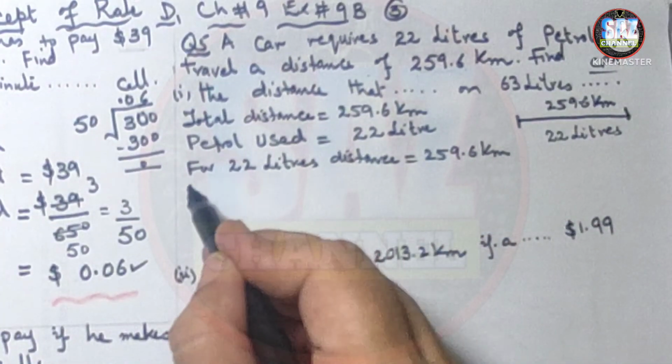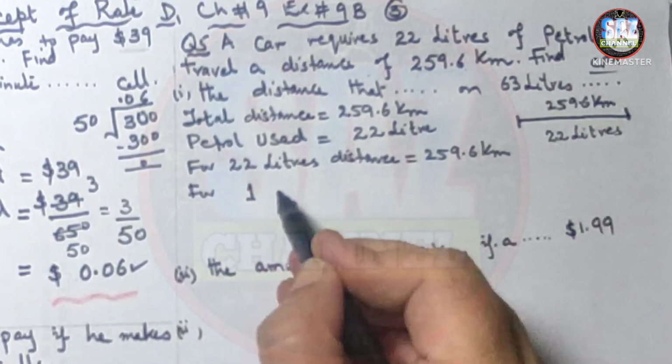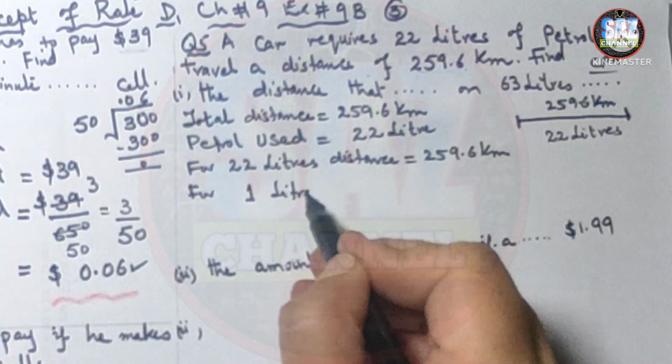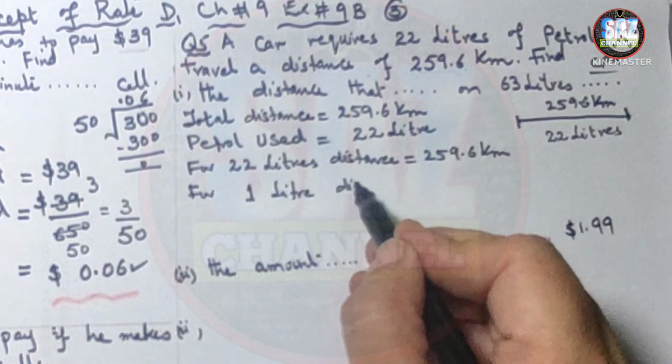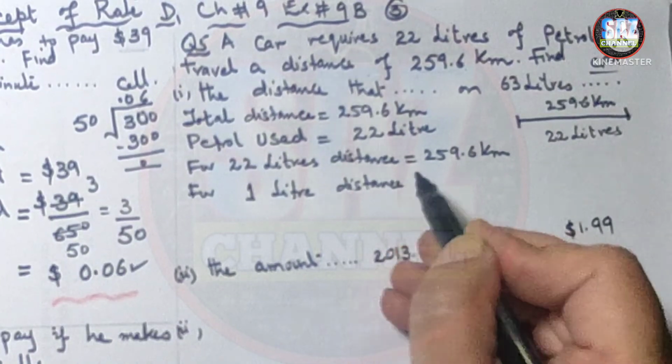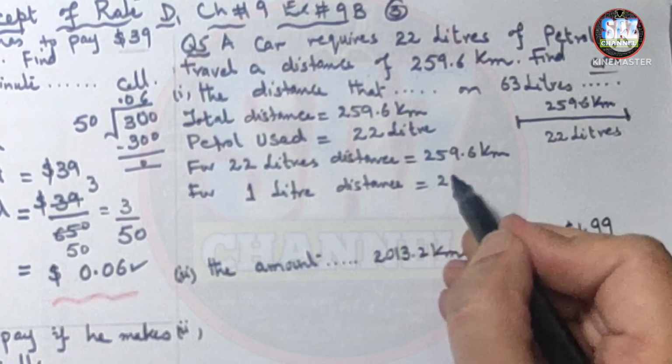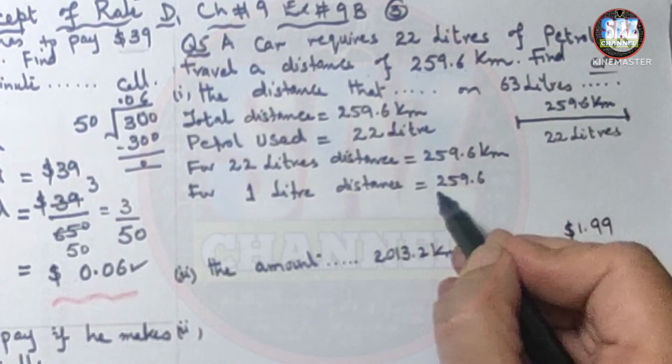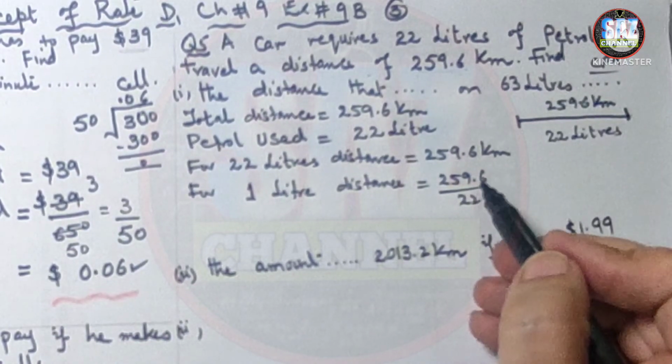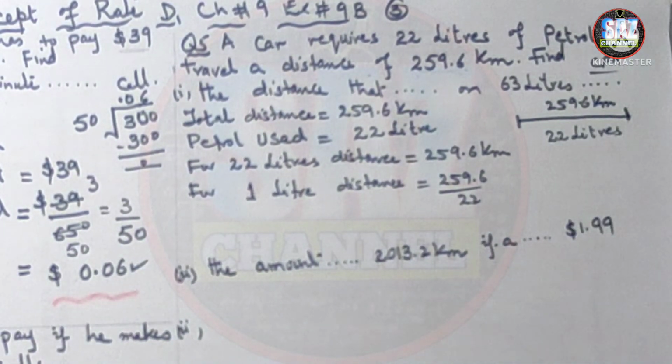For 1 liter, distance will be equal to 259.6 divided by 22. As this is a complex calculation, we can use a calculator.